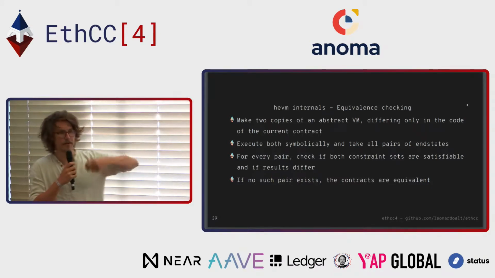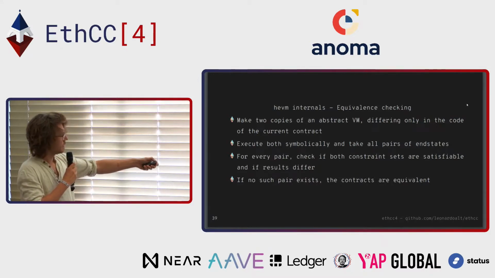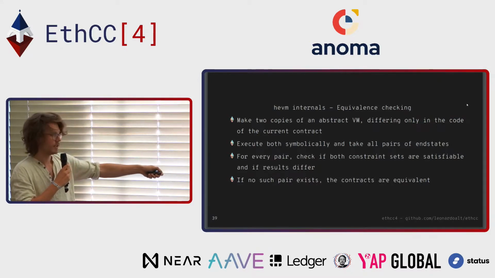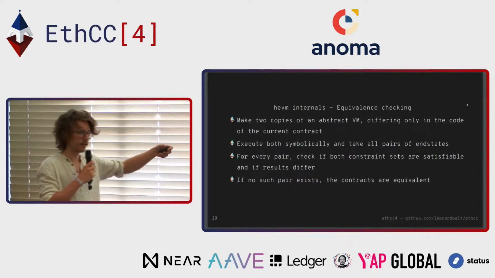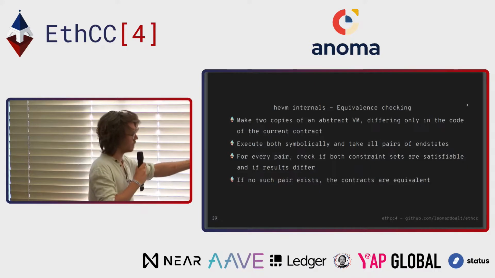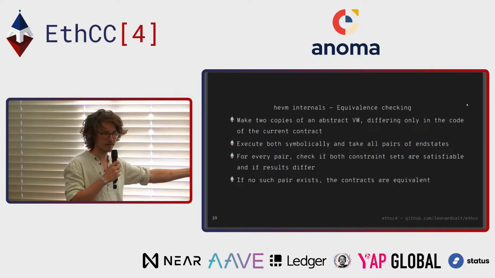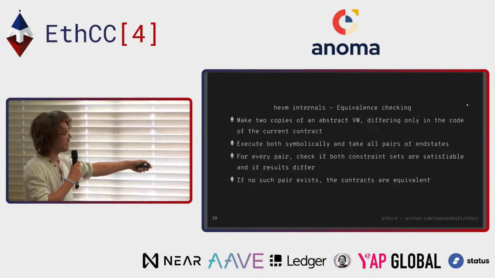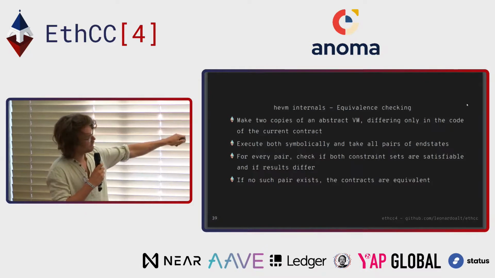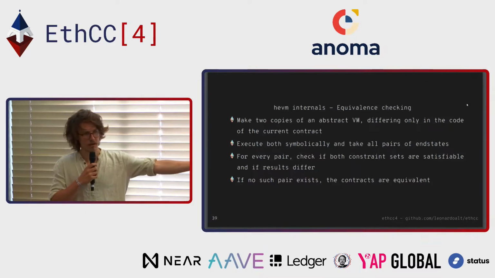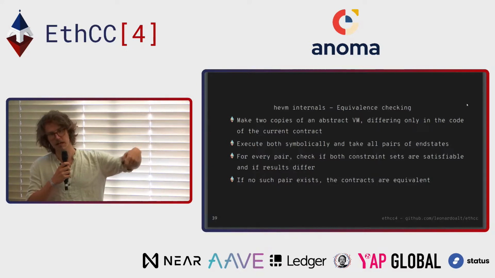And then we compare every possible combination of these pairs and see if the constraint sets of each path are simultaneously satisfiable, and if so, if their results differ. Because this means that there is an input such that if you run it with one piece of code, you'll get one result, and if you run it with the other piece of code, you get another result.